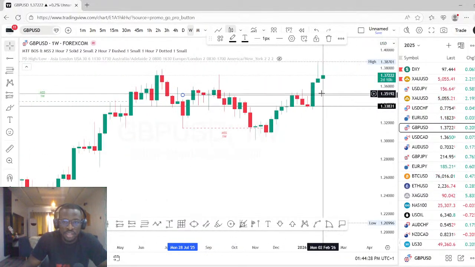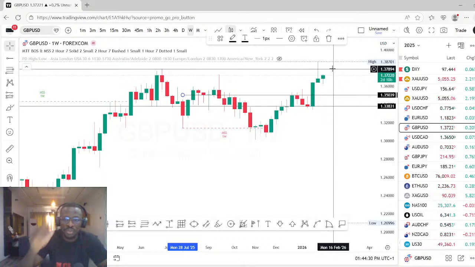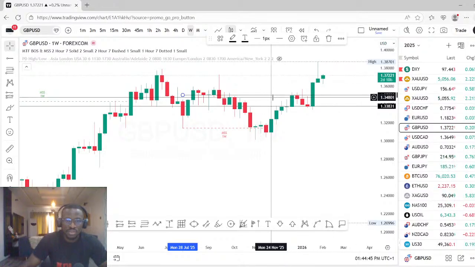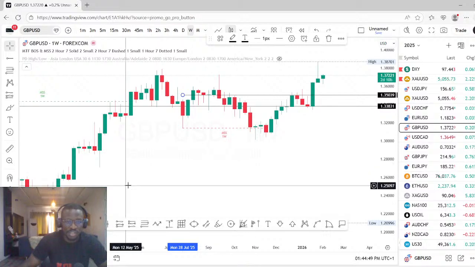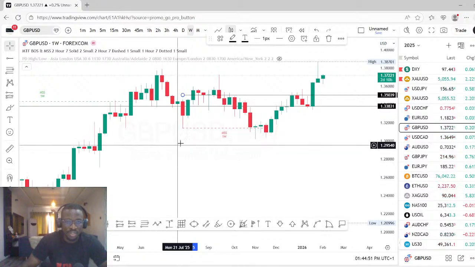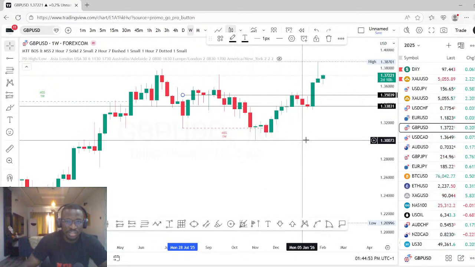When you look at the candle which the market printed sometime last week, you could see an inverted hammer candle at this particular price point. That already gives us an idea of whatever the market is doing within that particular key level.